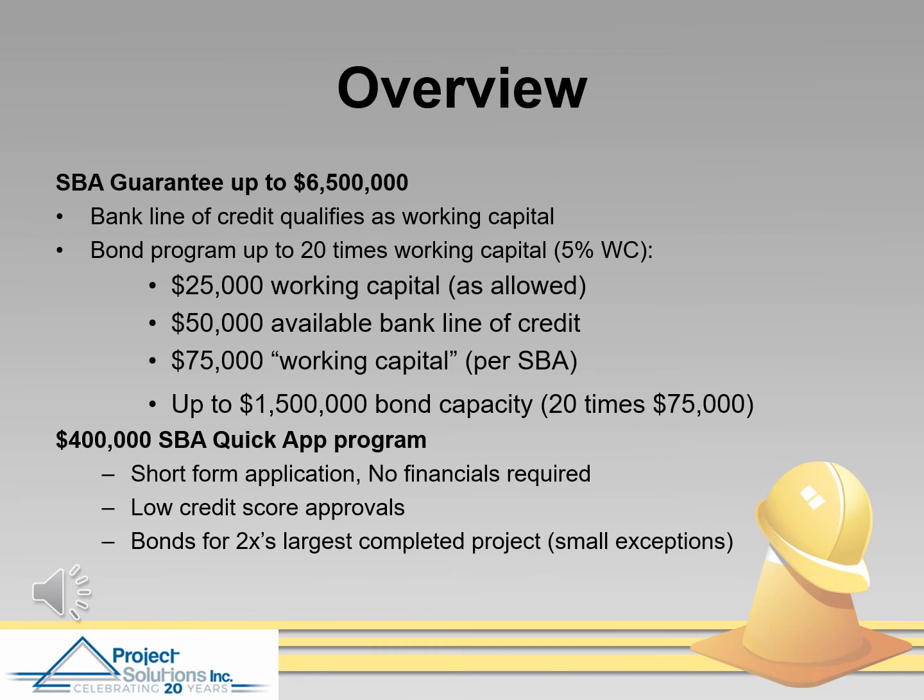So in a quick example, if a firm is seeking a bond capacity of $1.5 million, they must have $75,000 in working capital. In this example, $25,000 in firm assets with a $50,000 bank line of credit would reach the 5% necessary for the $1.5 million bond capacity.